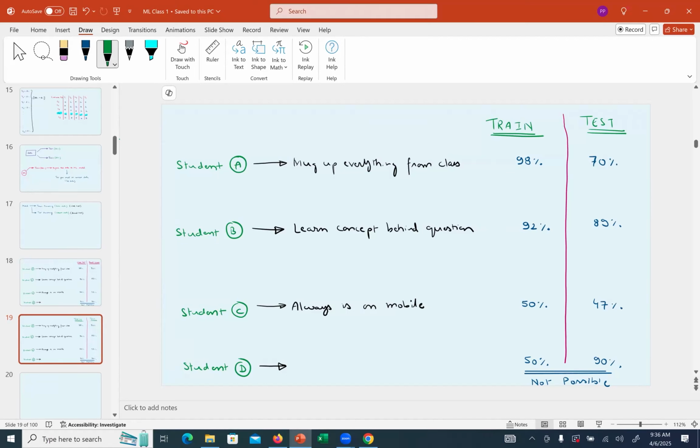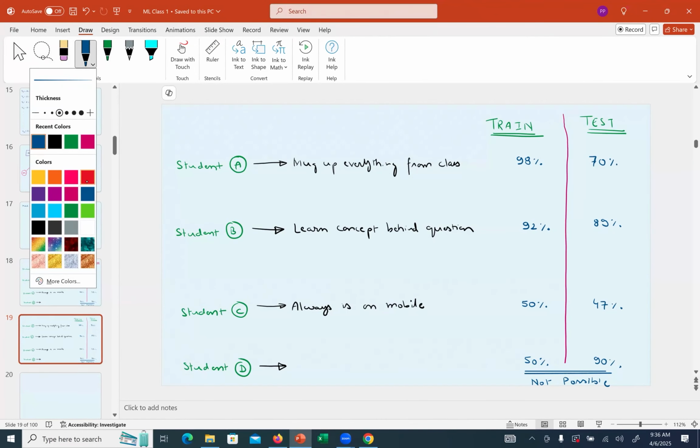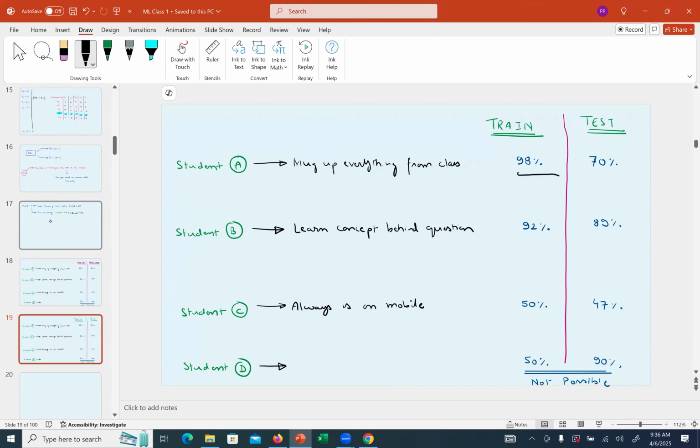Now, all of these scenarios have a different name in machine learning. When I have a model which is performing very well on the training data, but not so well on the test data, it is called overfitting.